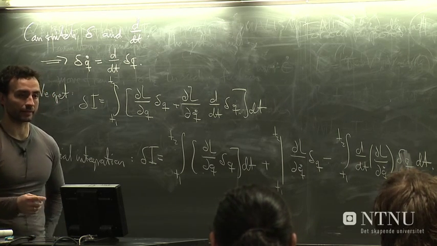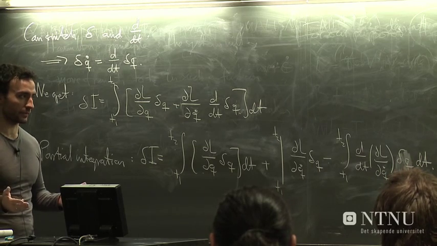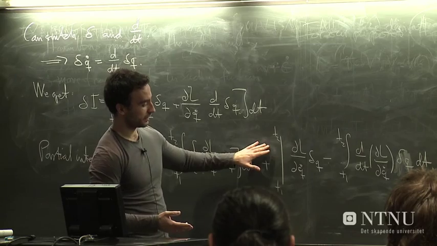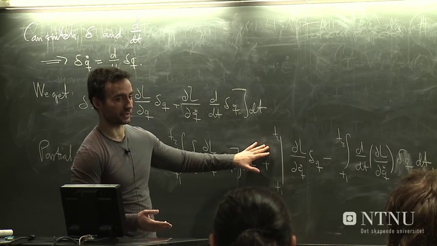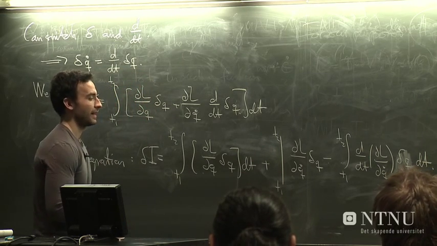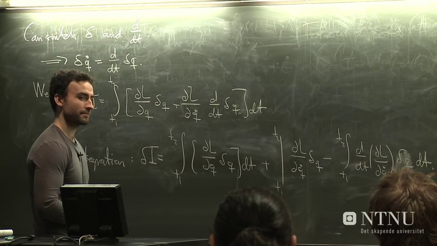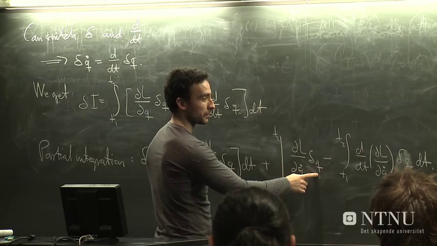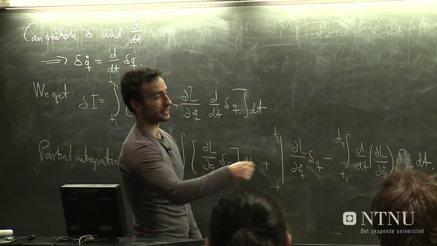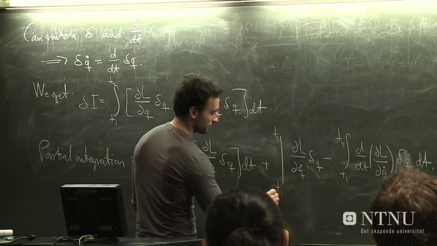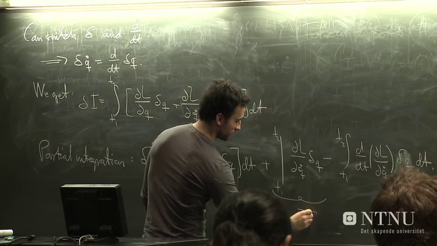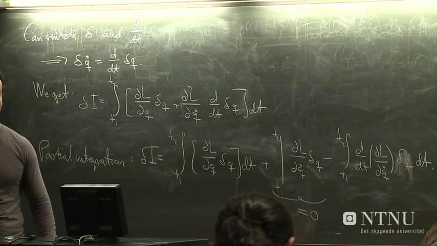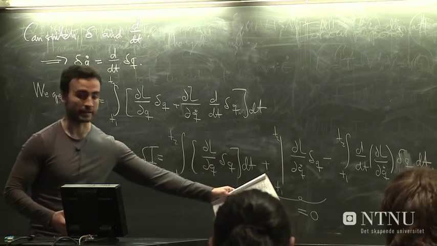Well, you're entirely correct. There should be no variation at T1 and T2. That was one of our assumptions. So if there are no variations, what happens with this term? It vanishes. Yes, because you have del Q here, and del Q at T1 and T2 is 0. So because we have no variations at the endpoints, this term vanishes.